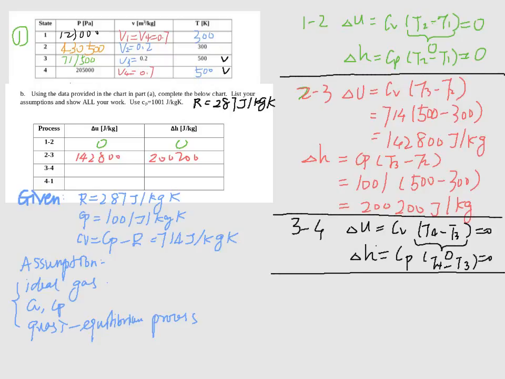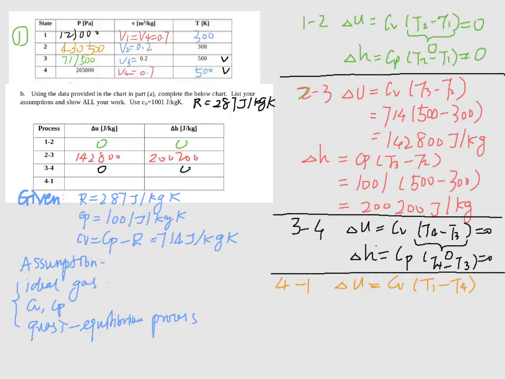Okay, the last one, guys. Let's use orange. Forgot to put these numbers in here. So this is 0, and then the last process 4 to 1. Same thing. Internal energy is Cv delta T. Since we're going from 4 to 1, we should use T1 minus T4 in this case, right?